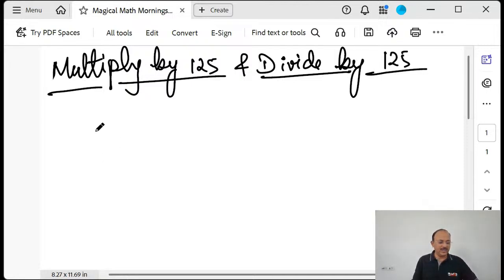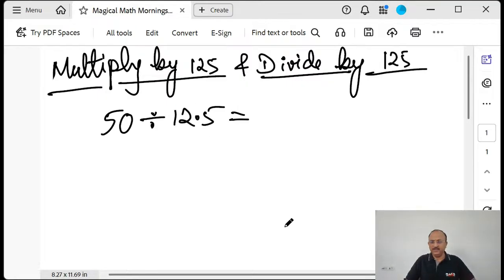Okay. Let's take 50 divided by 12.5. Easy one. Try this. Convert this first into 125.